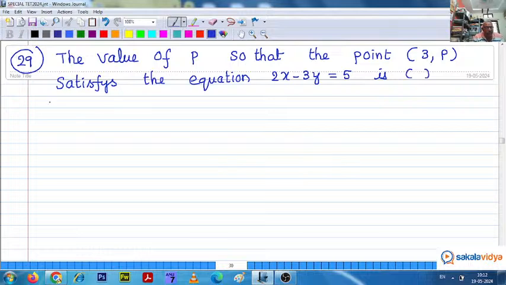First option is 3, second option is negative 1 upon 3, third option is 2, fourth option is 1 upon 3. Okay. So try to solve this question. This question is from linear equations in two variables.